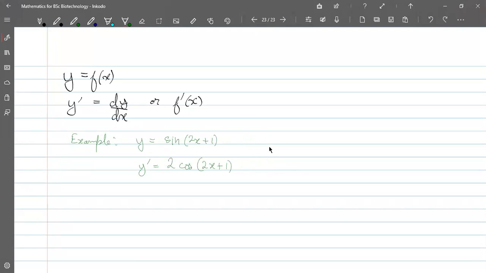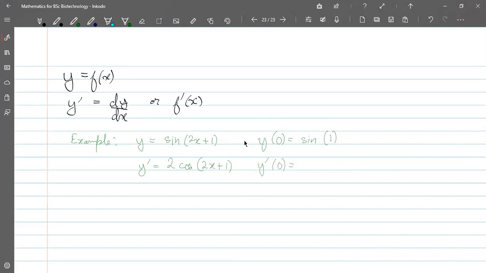Now if you have a function of x, you can evaluate that function at any value of x. So just like I can ask what is y of 0, you put x equal to 0, so you get sine of 2 times 0 plus 1, that's sine 1. Similarly, I can ask what is y dash of 0.